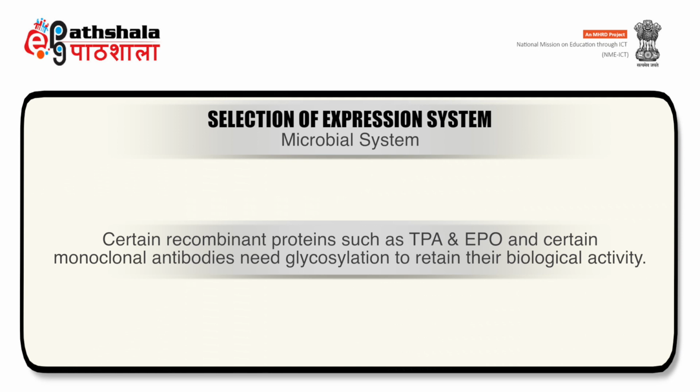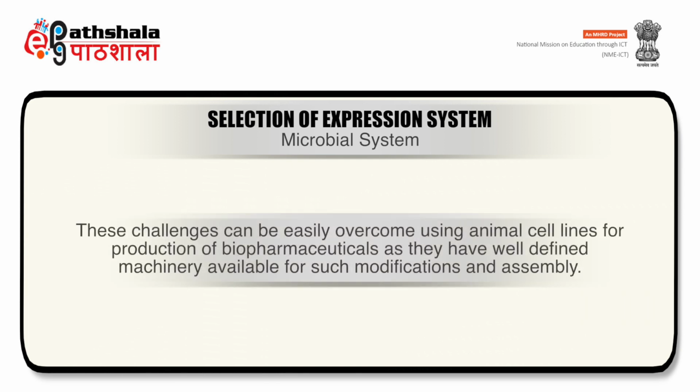Certain recombinant proteins such as tissue plasminogen activator and erythropoietin and certain monoclonal antibodies need glycosylation to retain their biological activity. However, these challenges can be easily overcome using animal cell lines for the production of biopharmaceuticals as they have well-defined machinery available for such modifications and assembly.